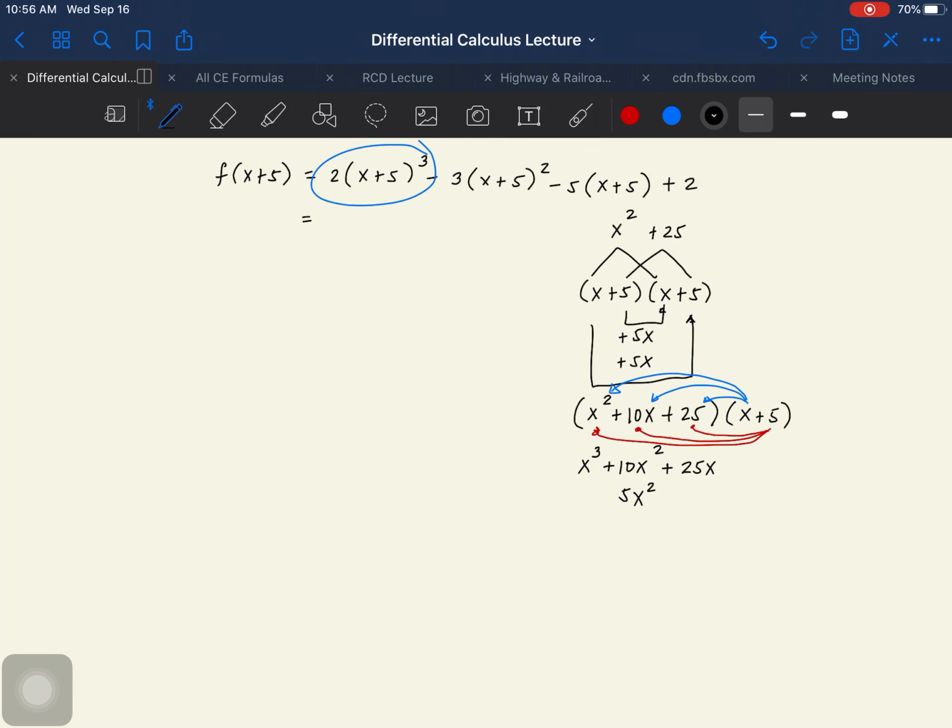Okay, next we have 5 times 10x. The answer there is 50x. So similar to that is the term 25x. So your 50x is here. Then another one. What is 5 times 25?